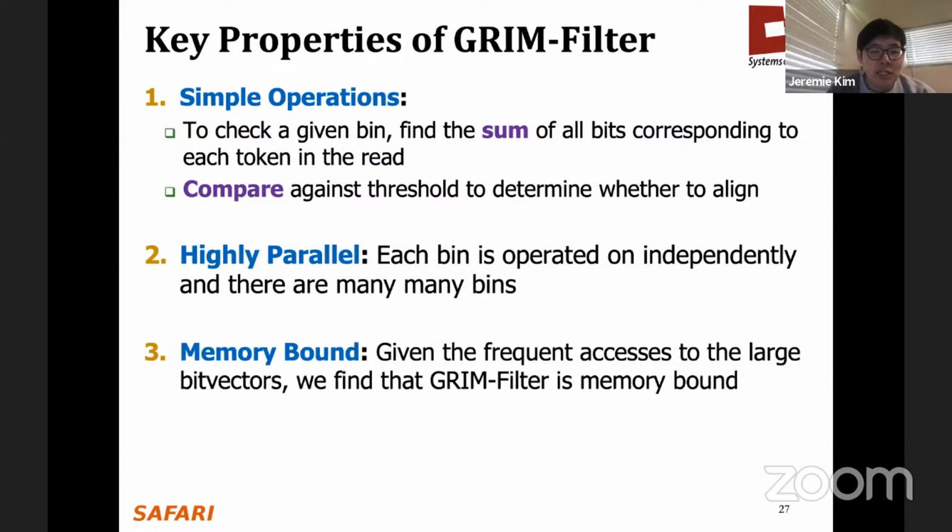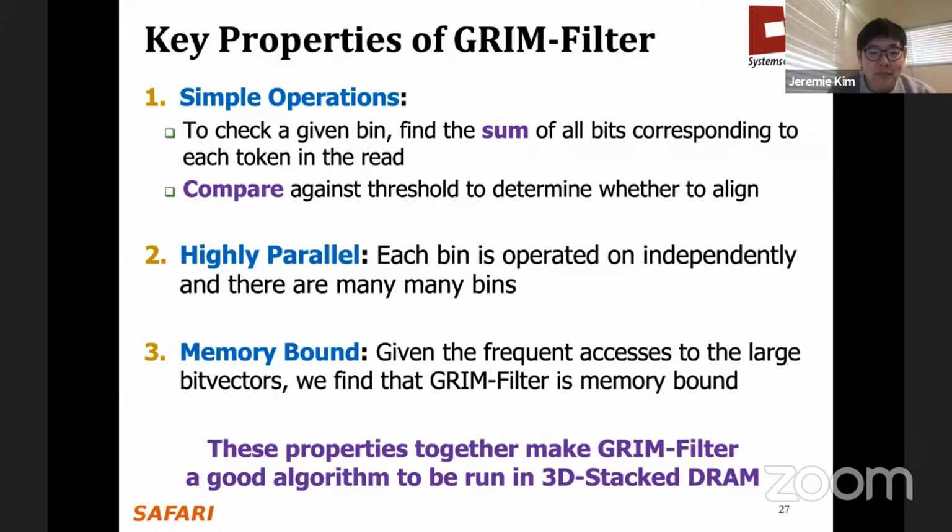It's also memory bound because we have to access the large bit vectors very frequently to calculate the potential existence. These three properties together make GrimFilter a good algorithm to be run in 3D stacked DRAM, which has high throughput and lets you operate on things in parallel inside the logic layer.